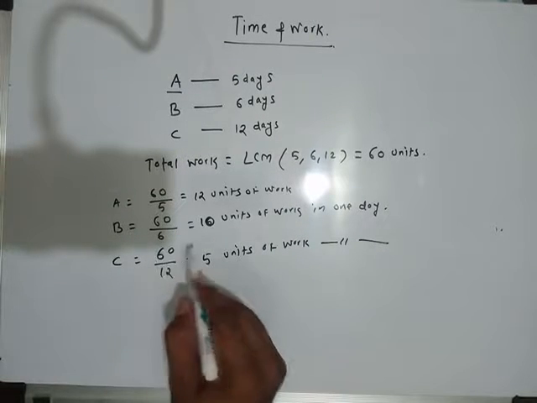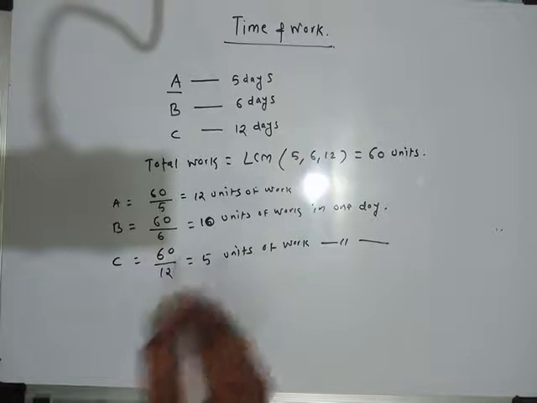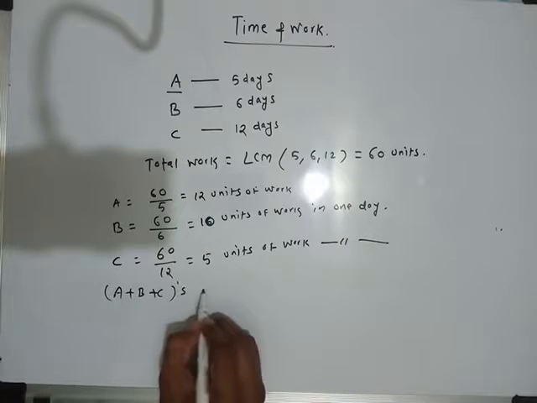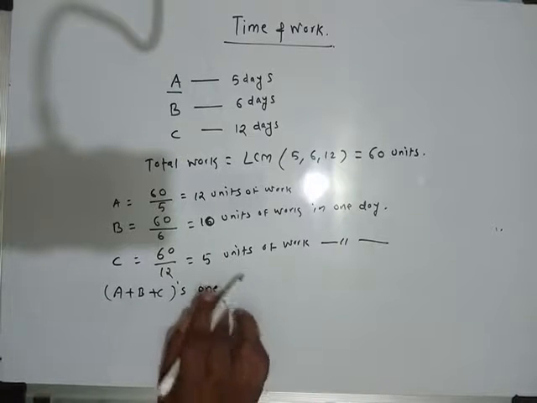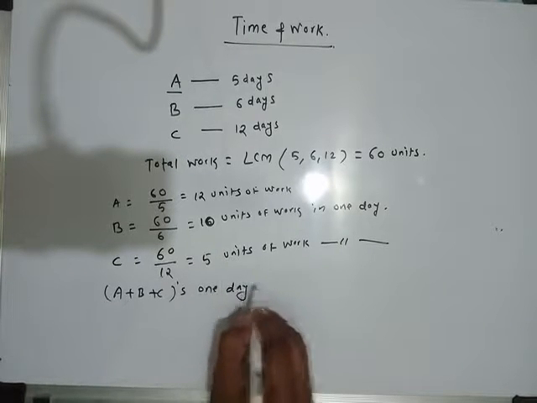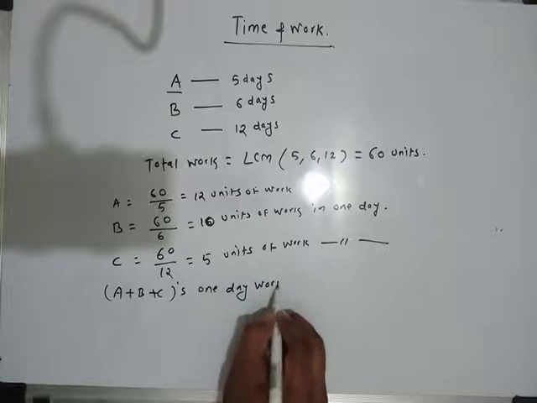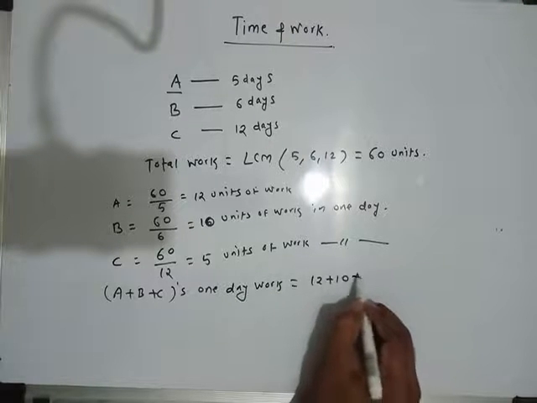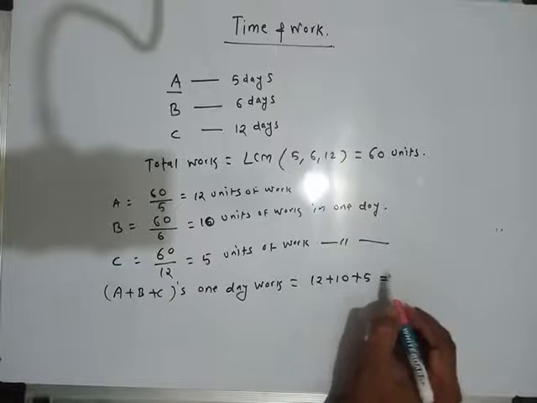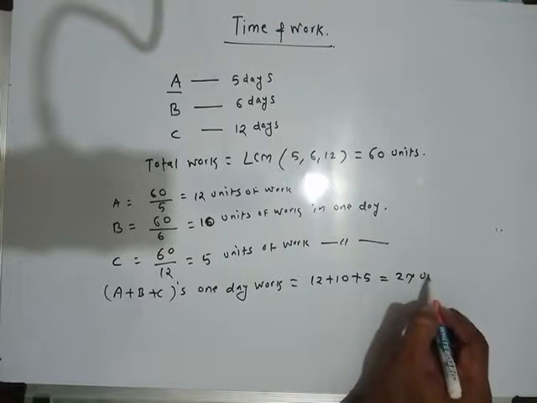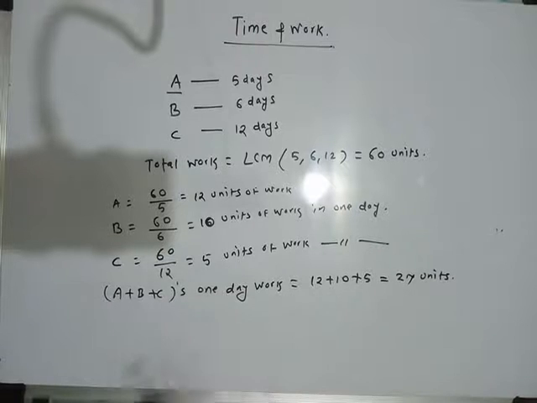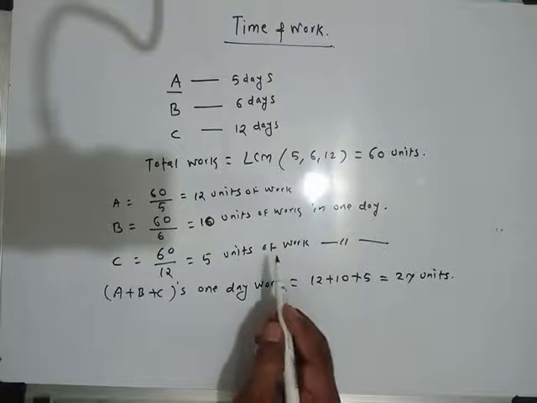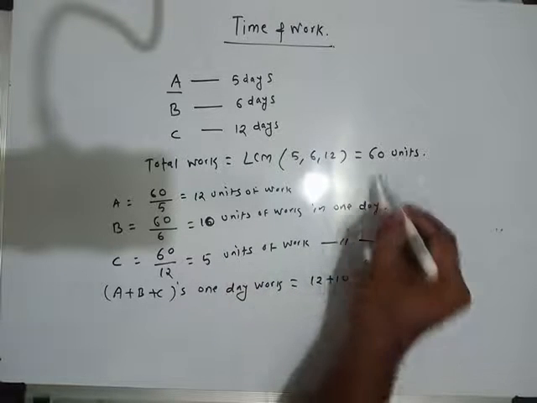Now they are all working together. So A plus B plus C one day work will be equal to 12 plus 10 plus 5, which is equal to 27 units. So in one day they do 27 units of work, but they are supposed to finish 60 units of work.